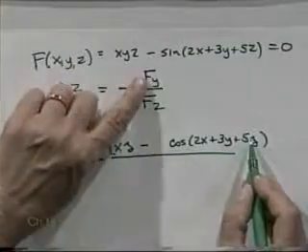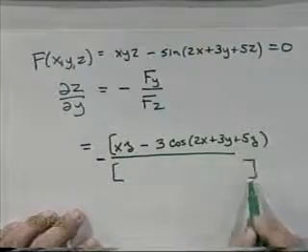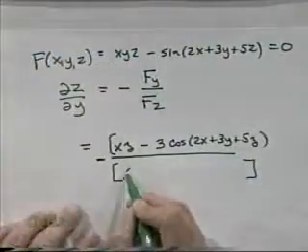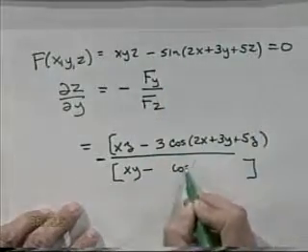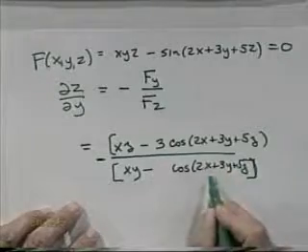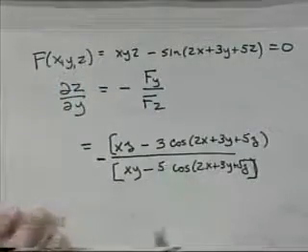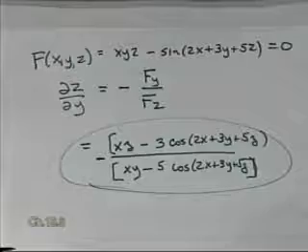I'm differentiating with respect to y, so it'd be 3. Over, now we want to differentiate with respect to z. If I differentiate xyz with respect to z, I get xy minus, derivative of sine is cosine, times the derivative of what's inside. We're differentiating what's inside with respect to z, I get a 5, and there's my final answer. Not hard to do, but you do need to practice.